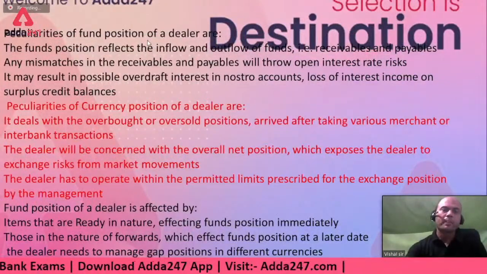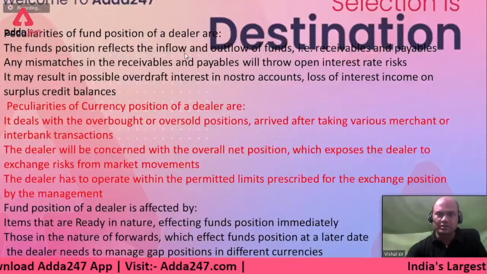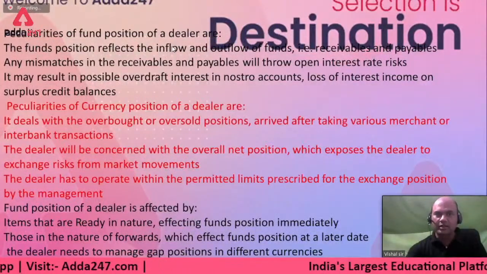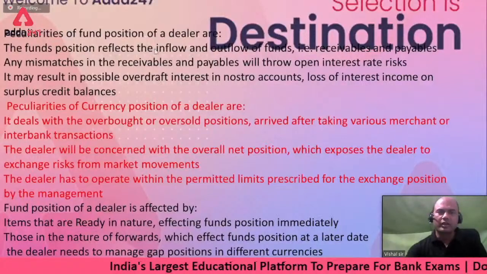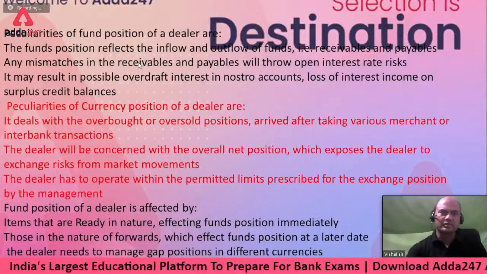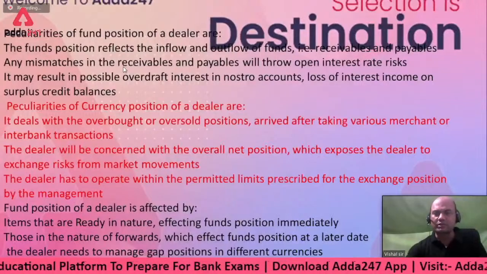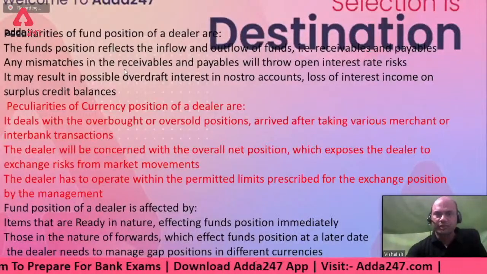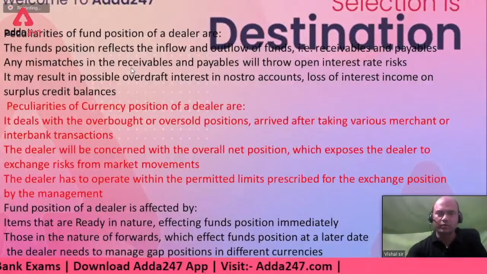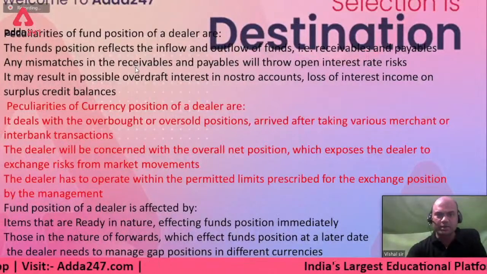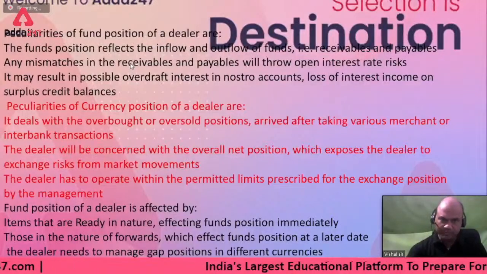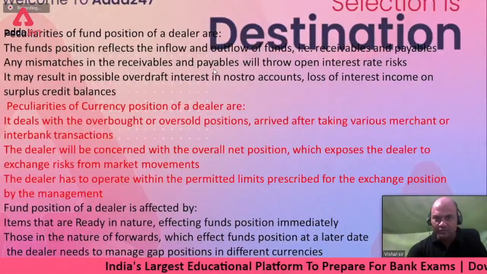If my fund position is in the negative, it means I don't have money. But what happens? I buy some Reliance stocks or some dollars, a huge number of dollars. Let's say I had the capacity to buy $1,000, but I bought $5,000. So what will happen? Payables will increase.